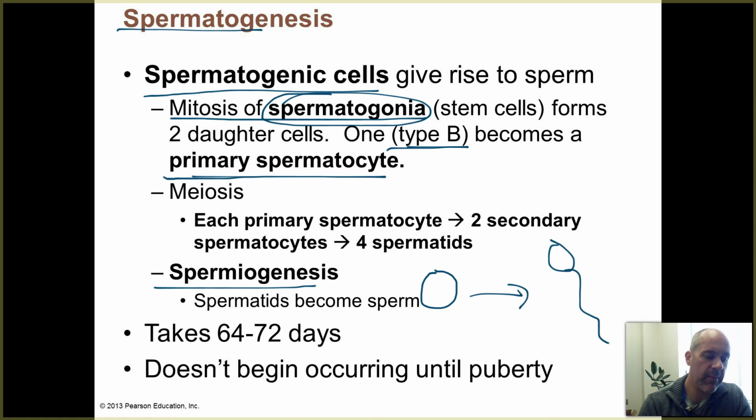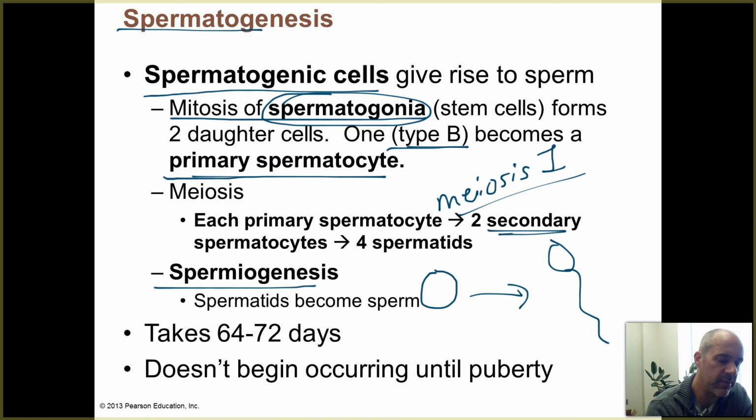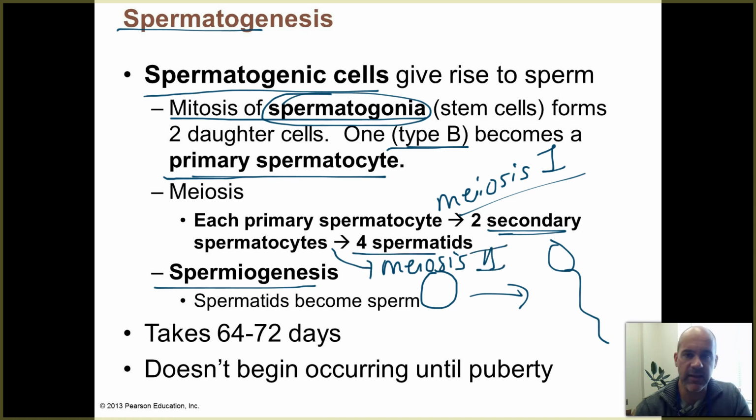All right, and then a primary spermatocyte is going to undergo meiosis 1. So the duplicated 46 chromosomes are going to split up into 2 daughter cells with duplicated 23 chromosomes in each. Those 2 cells are called secondary spermatocytes, and they undergo meiosis 2, which generates 4 cells called spermatids.